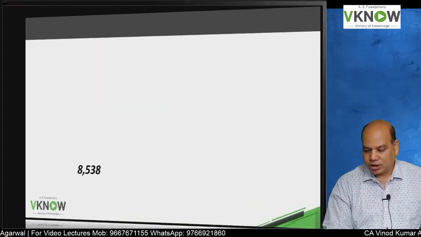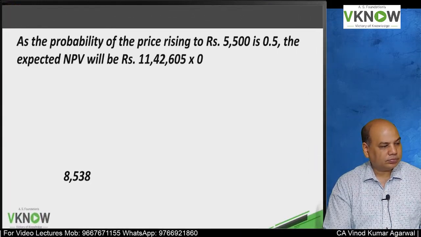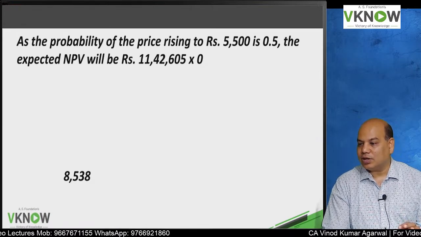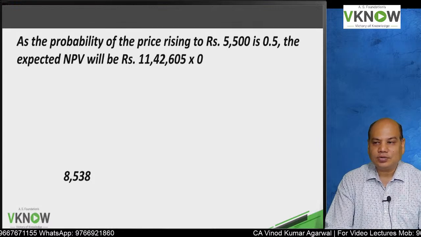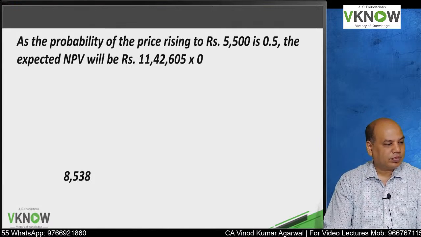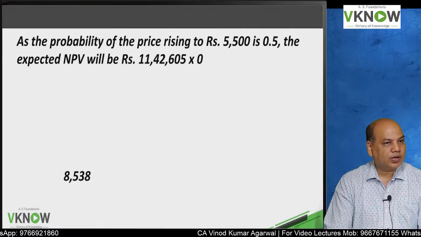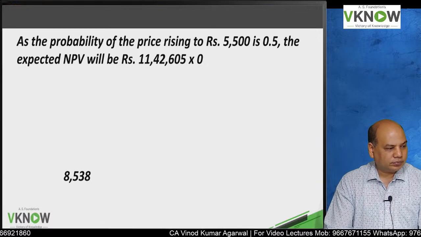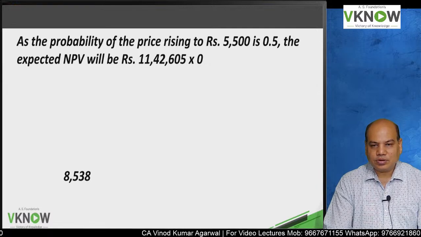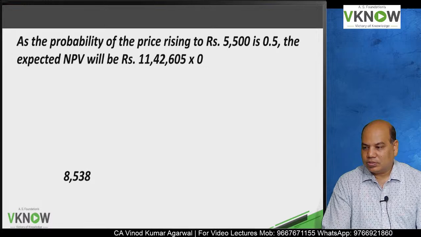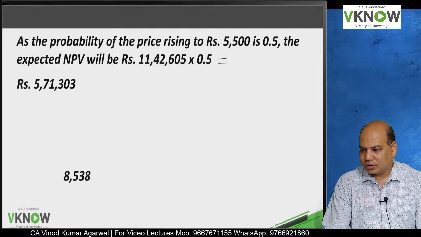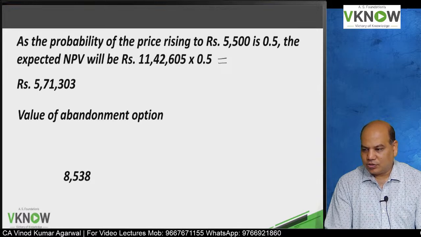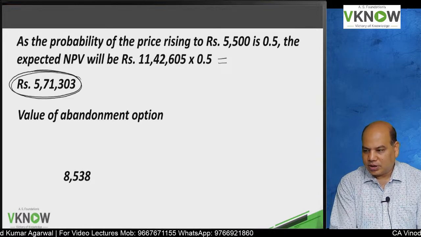So write down below, as the probability of price rising to rupees 5,500 is 0.5, the expected NPV will be rupees 11,42,605 into 0.5, 571,303. So this is my expected NPV.